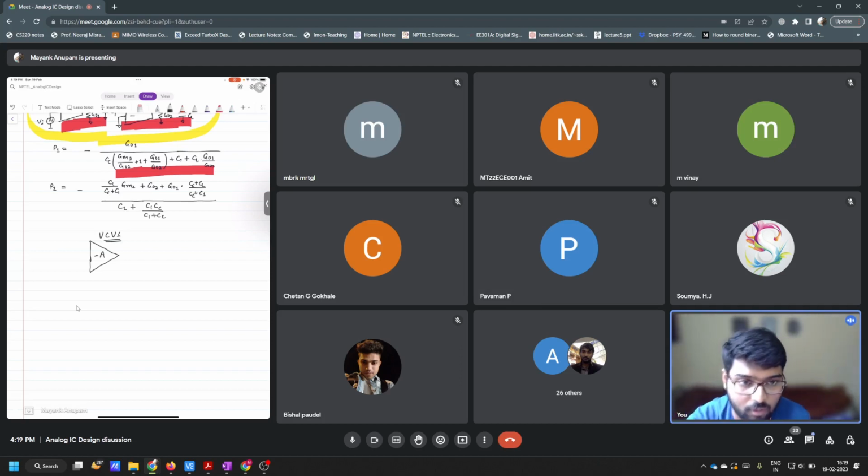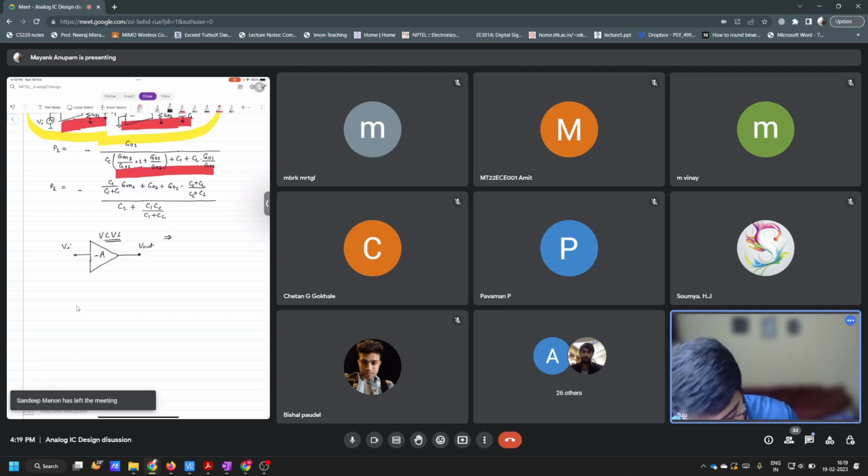This is its input and this is its output. Let's say this is input Vi, this is output Vout. The relationship between output and input for this VCVS is Vout equals minus A times Vi, right?